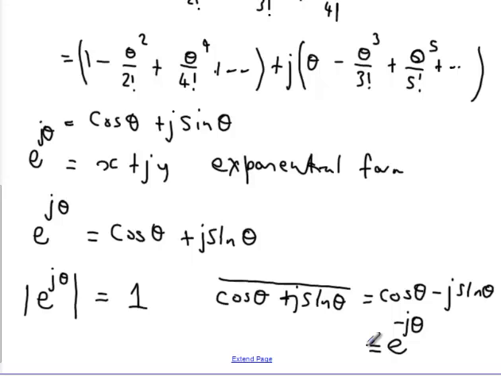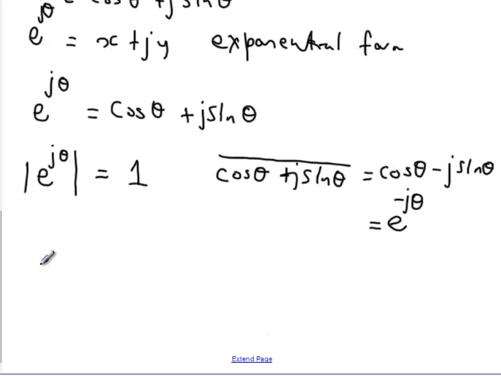Now, any complex number which doesn't have modulus 1 will be a number z equals x plus jy. As you can see today, I'm using i and j, whatever. I think you can understand the problem, isn't it? So this number, we can calculate its modulus as the square root of x squared plus y squared.